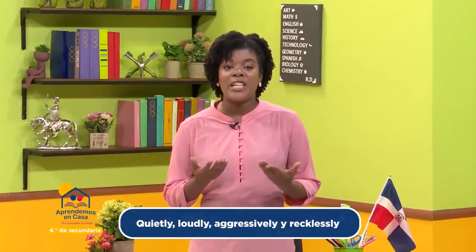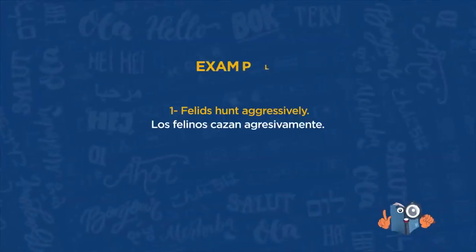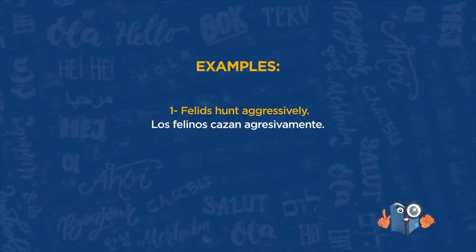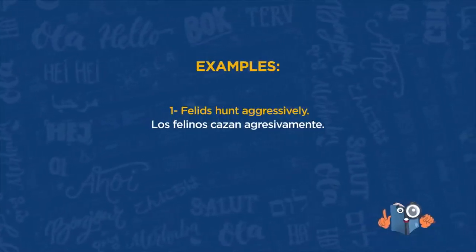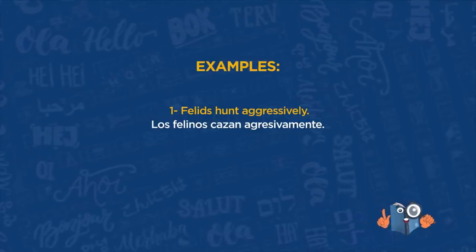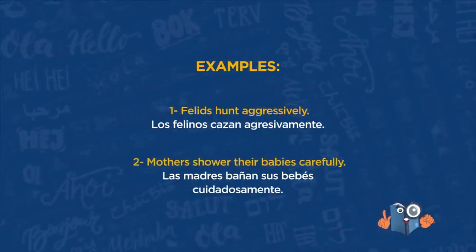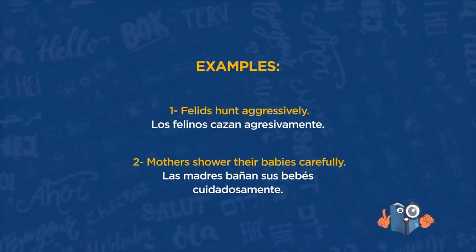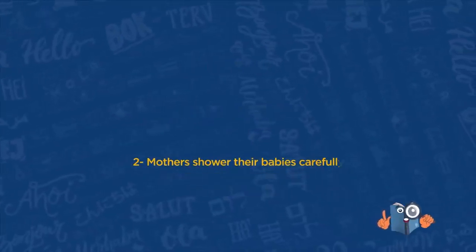Esta vez seré yo quien te dé los ejemplos. 1. Felix hunt aggressively, o sea, los felinos cazan agresivamente. 2. Mothers shower their babies carefully, es decir, las madres bañan sus bebés cuidadosamente.